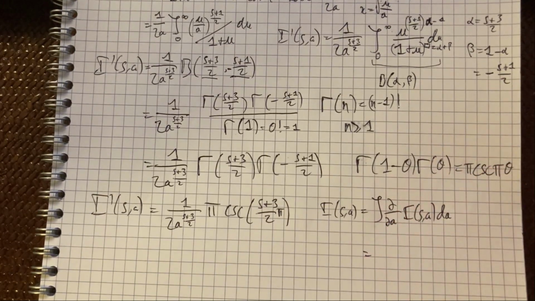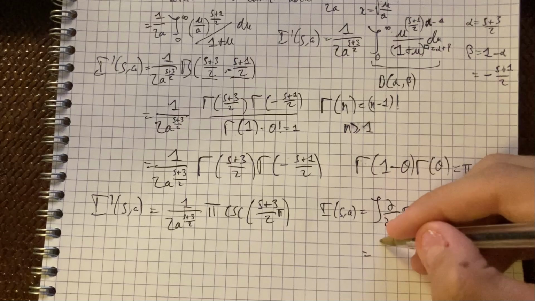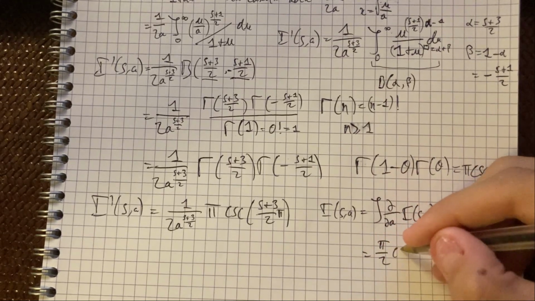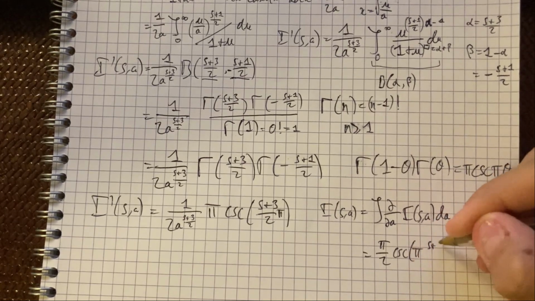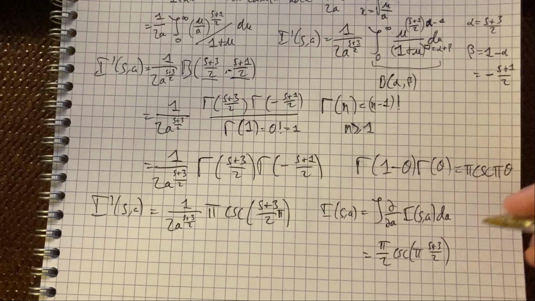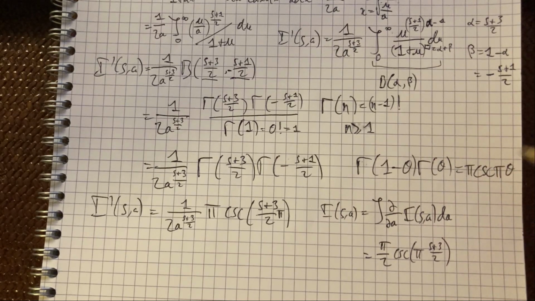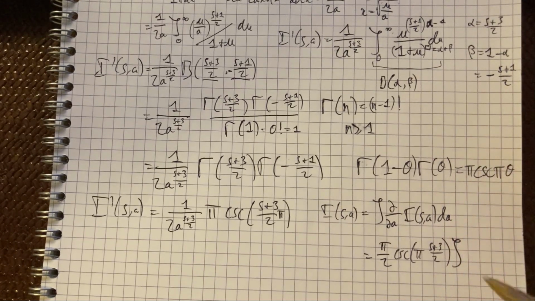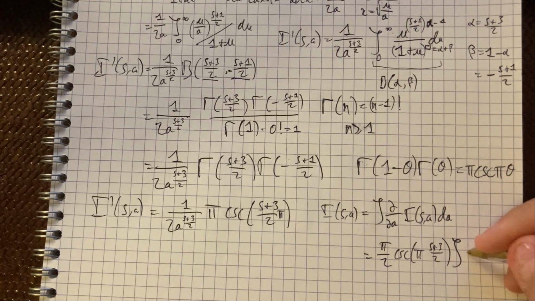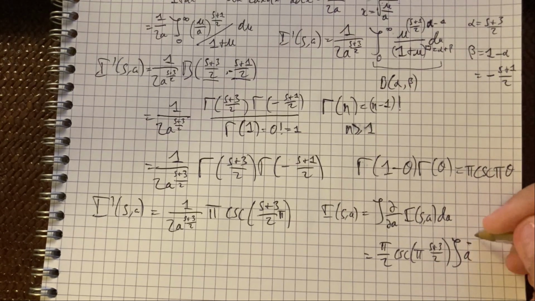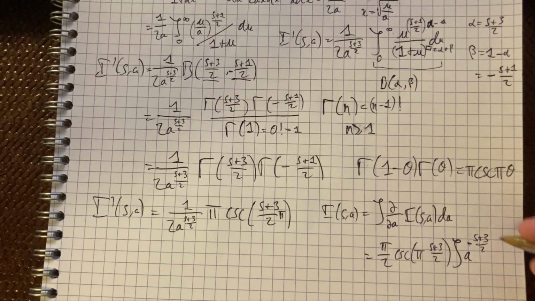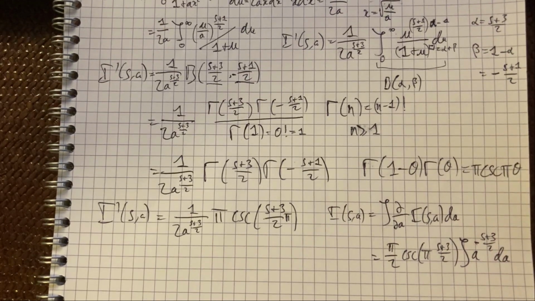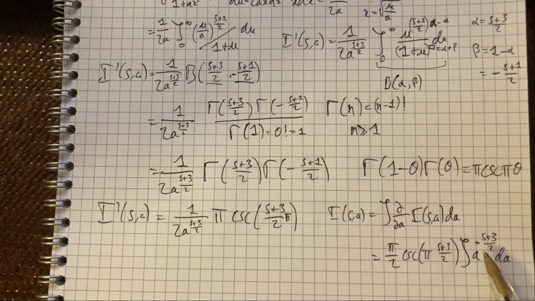which equals pi by 2 cosecant of pi times s plus 3 by 2 times the integral of a to the power of negative s plus 3 by 2 dA. And remember that s is a constant for this integral, which is only for a.